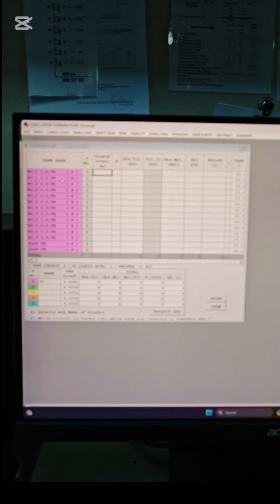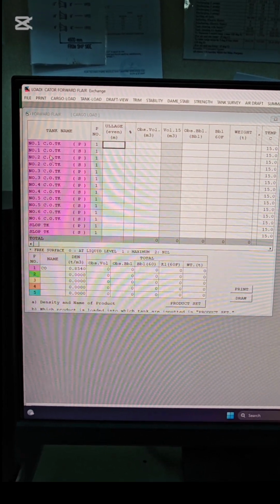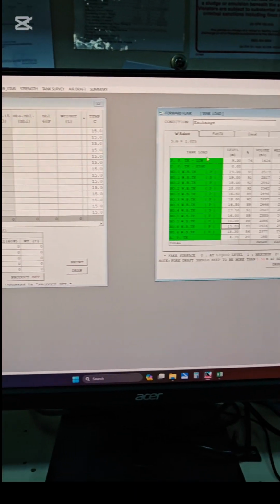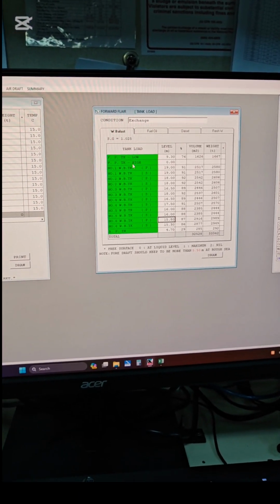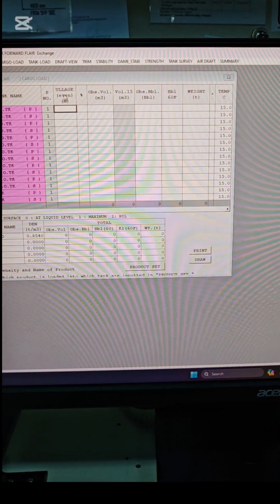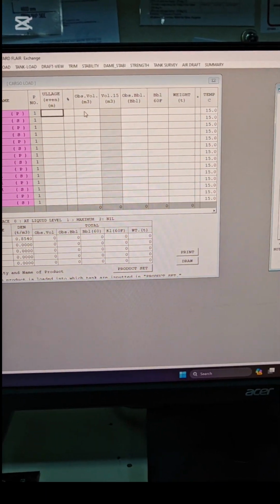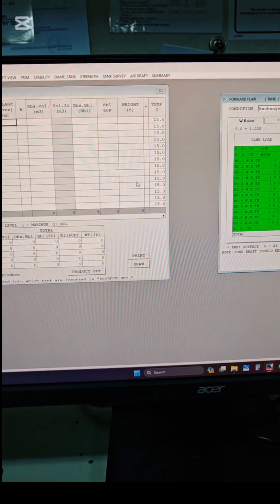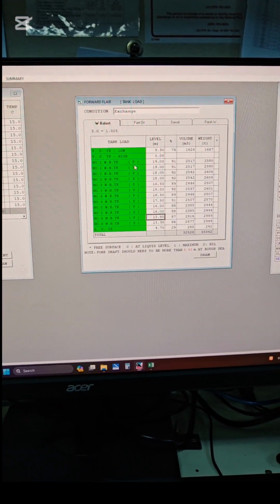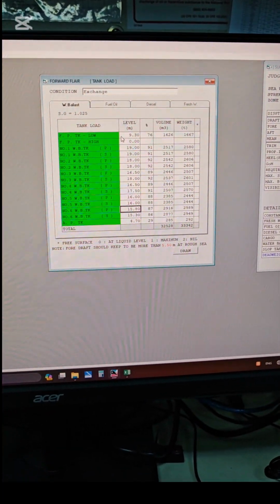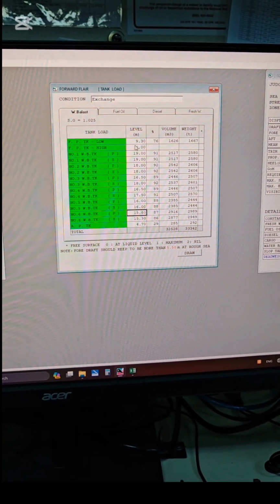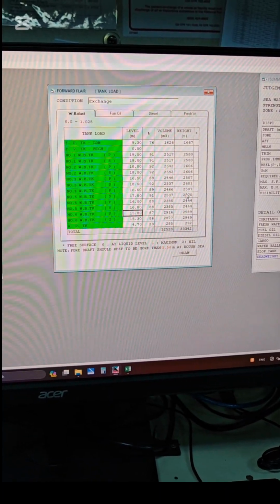This is the loadicator; this is for the cargo tank, and this is for the ballast tank. If you enter the ullage for the cargo tank here, you will get your volume and weight. If you enter your ballast tank sounding level, you will get your volume and weight also.